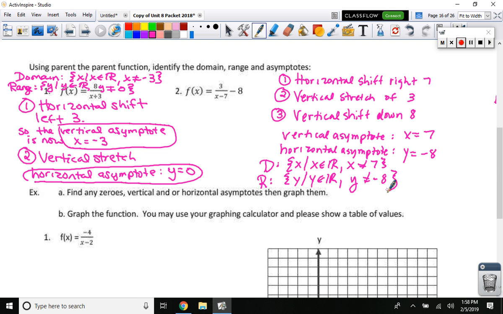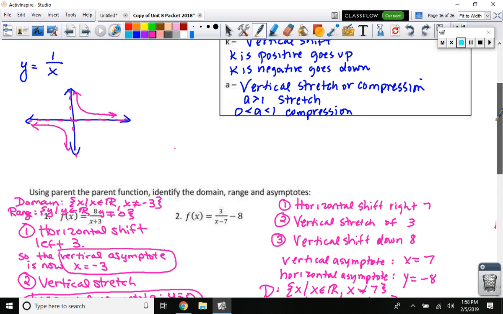If you're using rule, is that what you're asking me? Or using transformation? If you're using rule, I have to get a common denominator, and then I could say take the degree of the top and the degree of the bottom. How did I know it this way? Because I understood that transformation: if I took the entire graph, the parent function, and I shifted it down 8, that asymptote is going to move down to 8. So the last one.